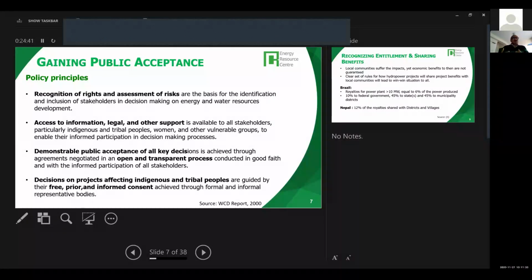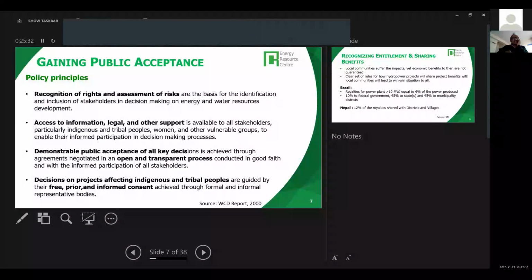decide on the project. So this also has to demonstrate public acceptance of all key decisions in an open and transparent process. What it is saying is that the design of the project, the layout, the construction, everything has to be transparent, and the public and the stakeholders have to know, and they have to accept that such a construction is going on in this area.